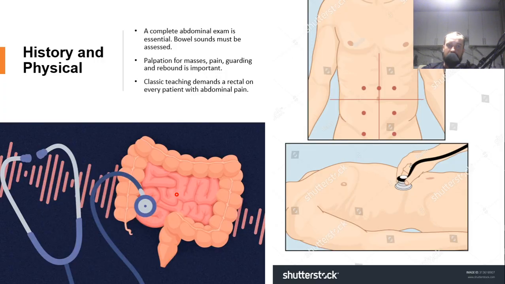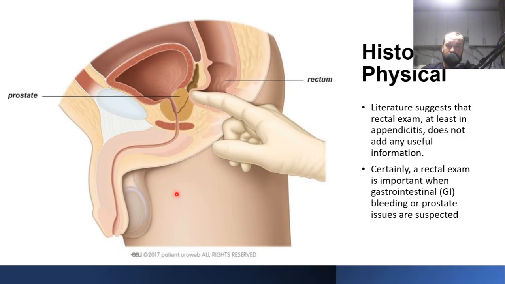A complete abdominal exam is essential. Bowel sounds must be assessed. Palpation for masses, pain, tenderness, and rebound is important. Classic teaching demands a rectal exam on every patient with abdominal pain. Literature suggests that rectal exam, at least in appendicitis, doesn't add any useful information.